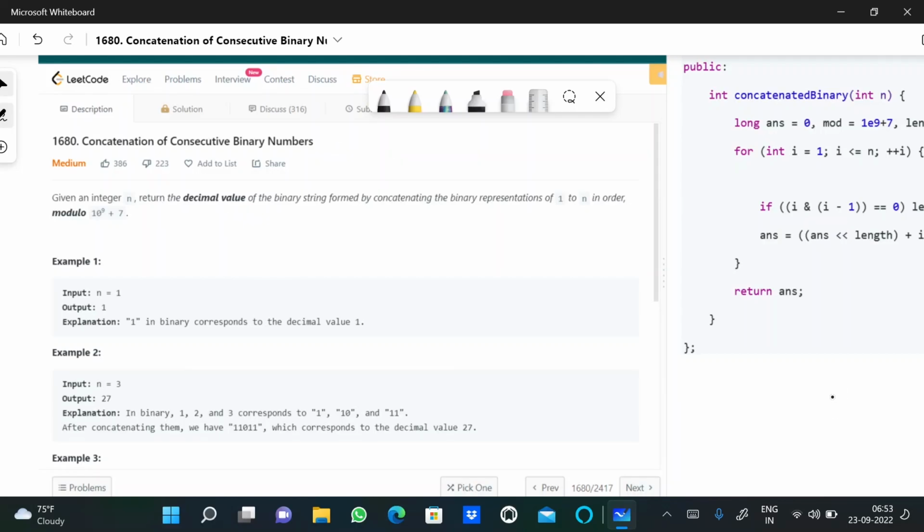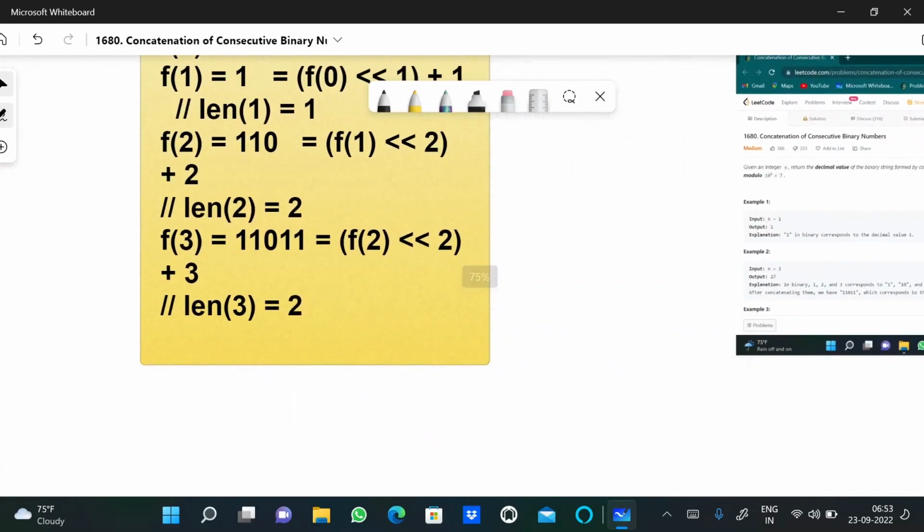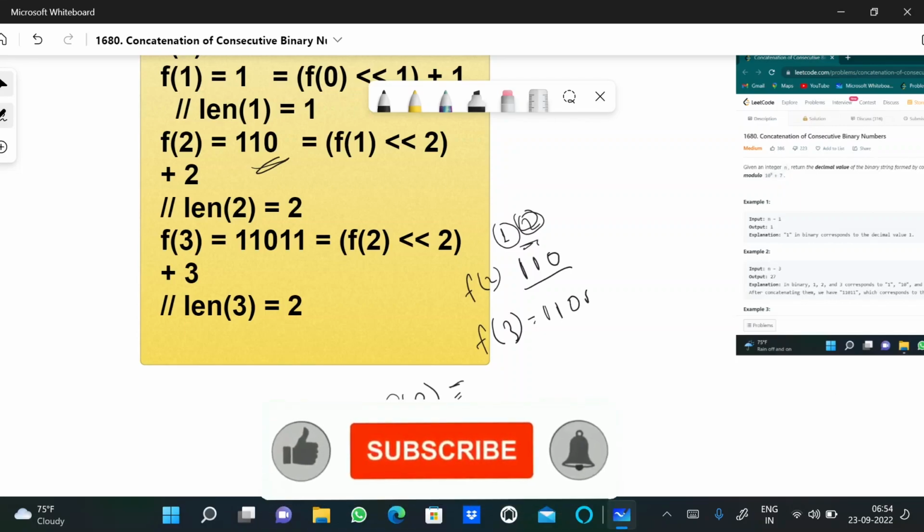First I want to tell you, for this example only, for finding f3, we can do one thing. f2 will be 110, right? For 1 it is 1, for 2 it is 10, so f2 is 110. f3 will be 11011.